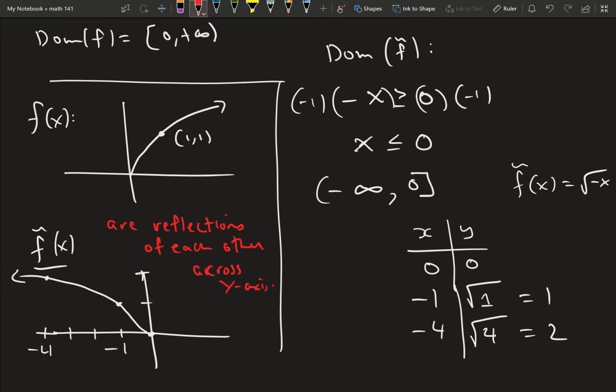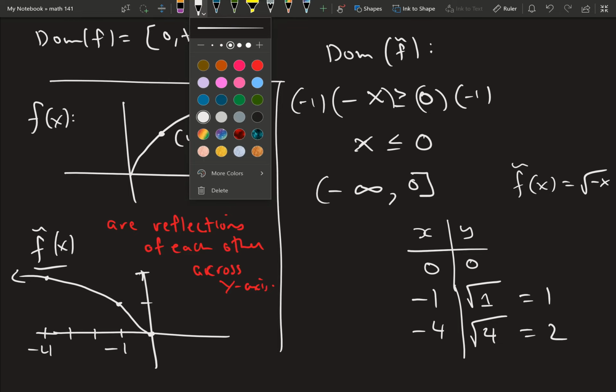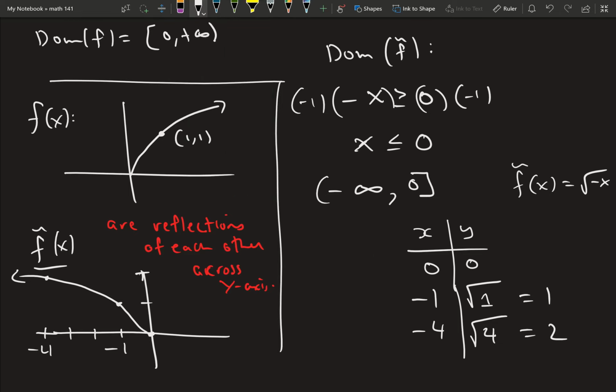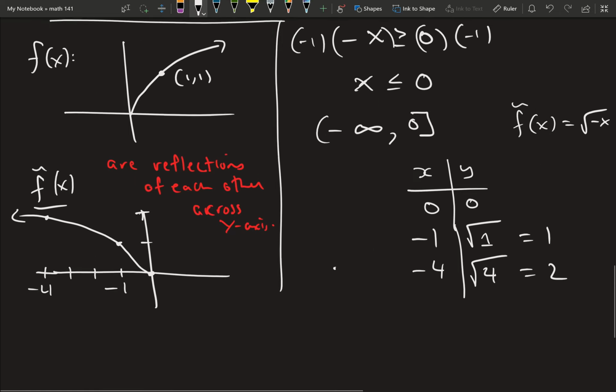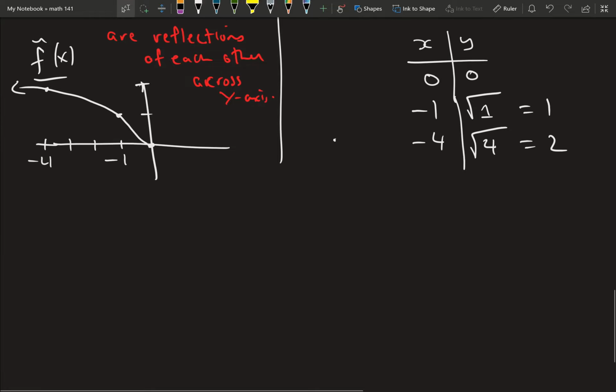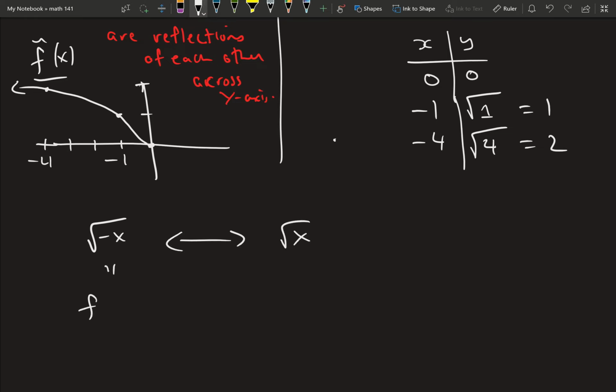Now, how do we write f tilde in terms of f of x? Well, the square root of negative x, what is the relationship to the square root of x? Well, if this is f tilde and this is f, f tilde of x is equal to f of negative x.